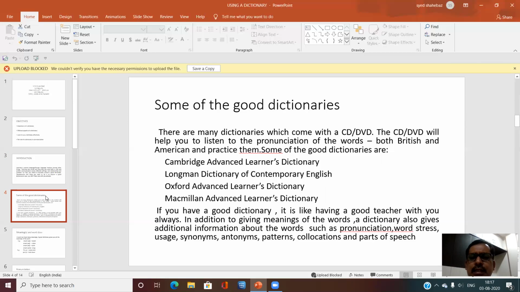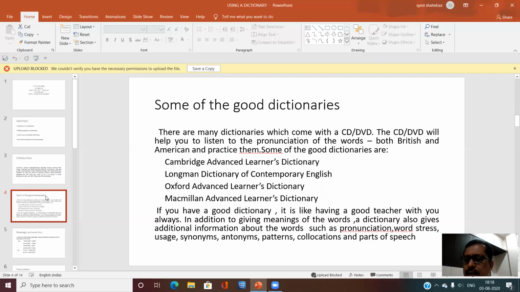There are many dictionaries which come with CD and DVD nowadays. If you buy a dictionary, you get a CD or DVD of the dictionary. So you get a dictionary in physical form, and the soft copy of the same dictionary will be in that CD or DVD.